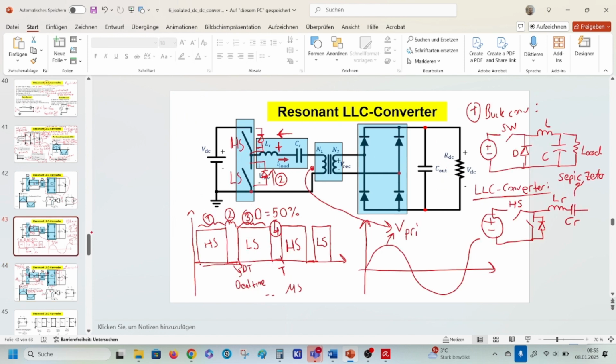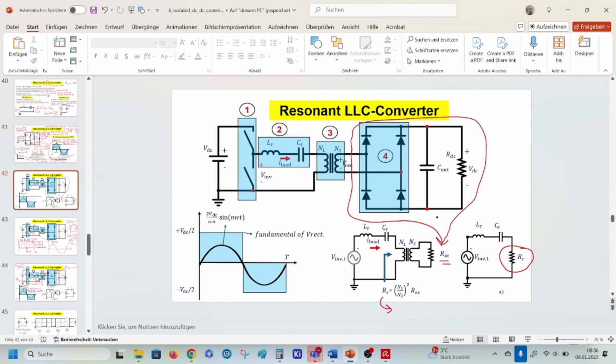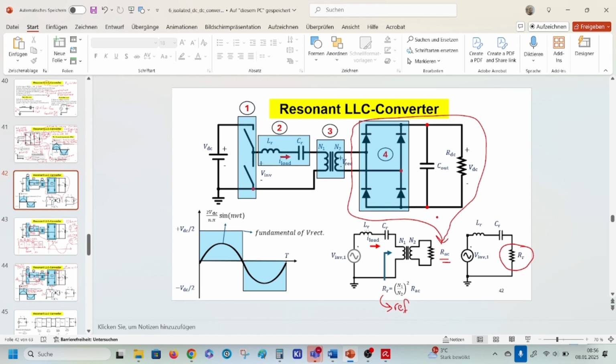And I use it here, applying, how do we call it, the resistance of R. Let's say this should be called reflected load resistance into the primary, or reflected resistance of the secondary transformer into the primary.